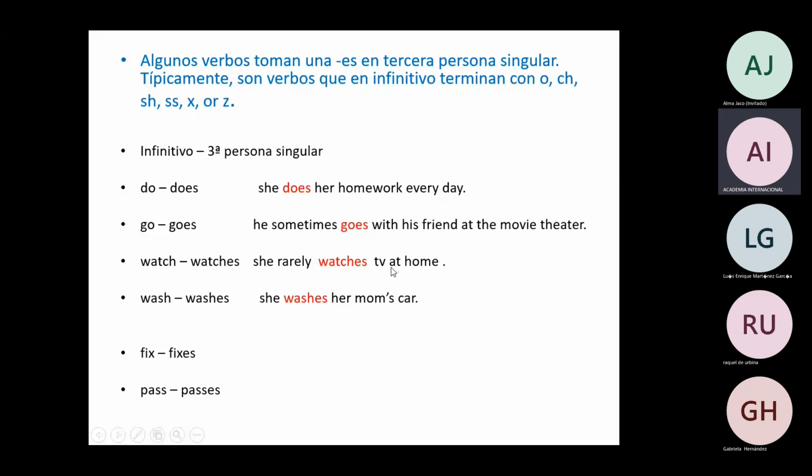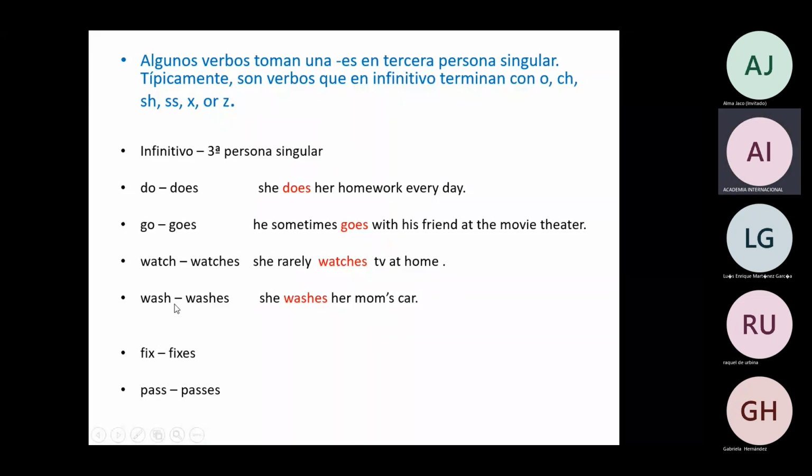She rarely watches TV at home. O si no quiero usar el adverb of frequency here, solo digo, she watches TV at home. Ella mira televisión en casa. Pero el adverbio de frecuencia como que le da más realce a la oración. She rarely watches TV at home. Ella rara vez mira televisión en casa.